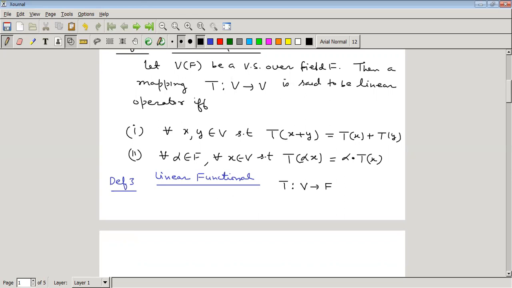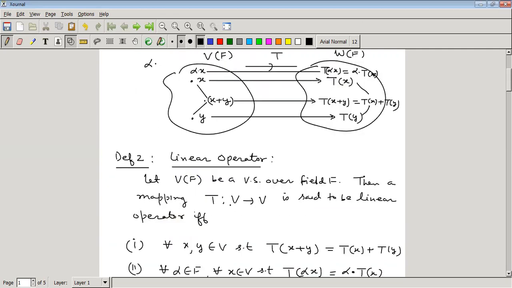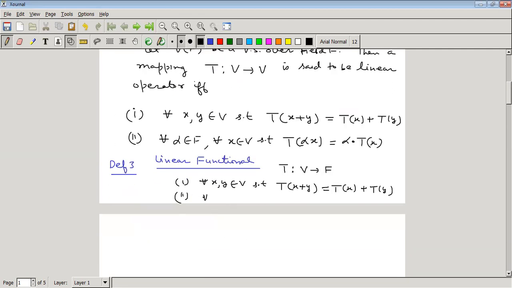Again, T is a mapping from vector space V to the field, and T satisfies both conditions: for any x, y in V, T of x plus y is equal to Tx plus T of y. And second, for any alpha in the field and any x in V, T of alpha x equals alpha times T of x. Then T becomes a linear functional.